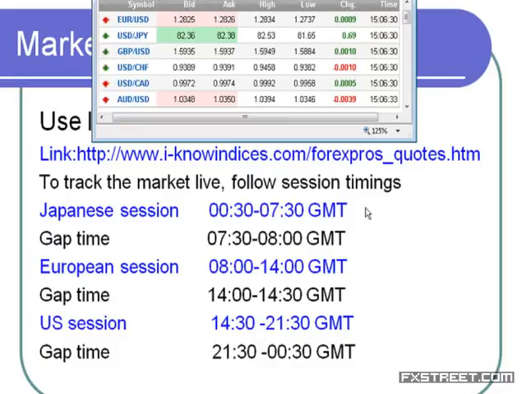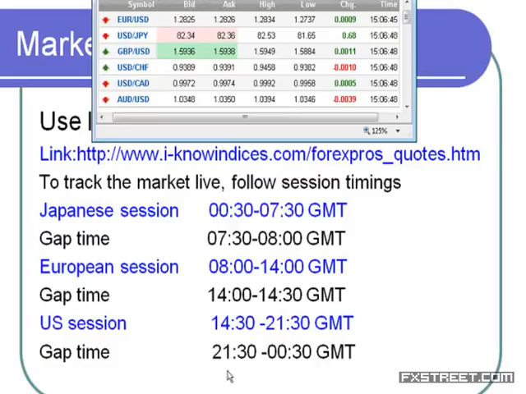You might be wondering that you are calling it the Asian session, European session, UK session, New York session, etc. But these are all given for us to use, whereas these are the timings followed by the players. If you want to learn how the players are making the moves in the market, then we need to follow their timings rather than the timings which are given to us mainly to misguide us.